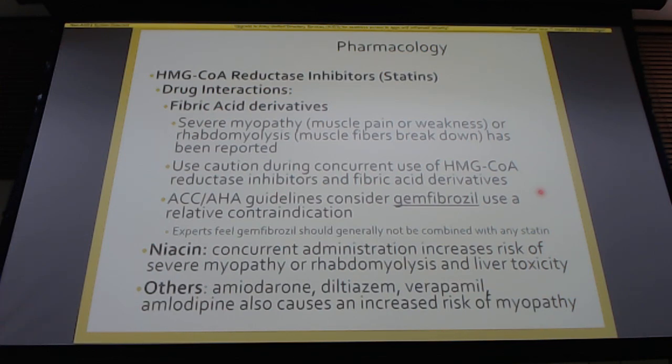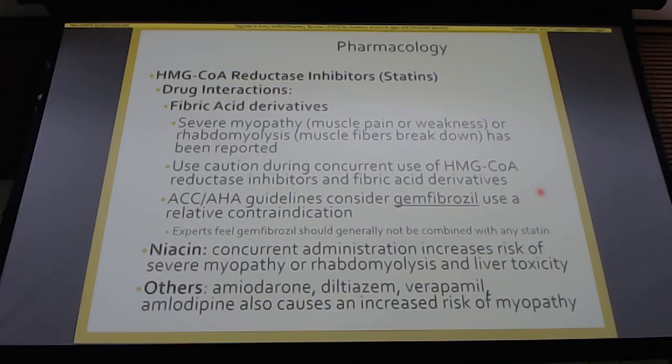And then you have all of your other medications that you see listed here. So your amiodarone, diltiazem, verapamil, so your non-DHP calcium channel blockers, and then you have your amlodipine, your regular calcium channel blocker. So when you look at this class, what I want you to remember is that your biggest offender for increasing the risk of that myopathy with your statins is going to be your gemfibrozil. Okay.